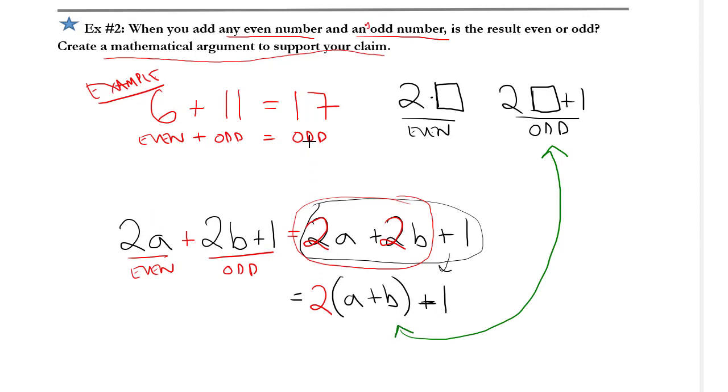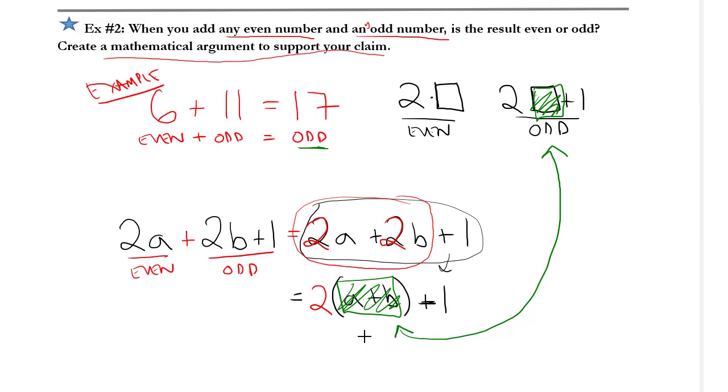Just like we said, when you add an even and an odd, you probably get an odd number. But the way to show it, to prove it, is by rewriting this expression in a form of 2 times, I don't know, whatever. This is anything. 2 times anything plus 1.